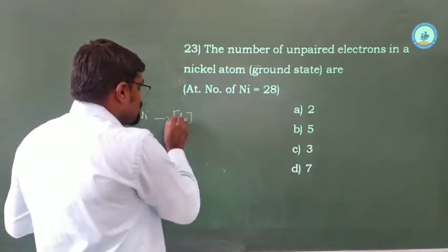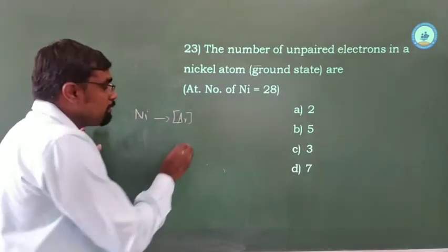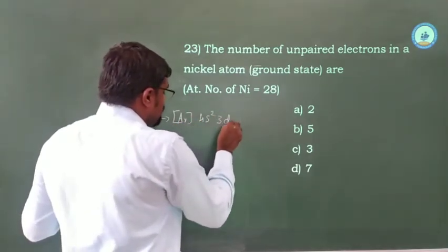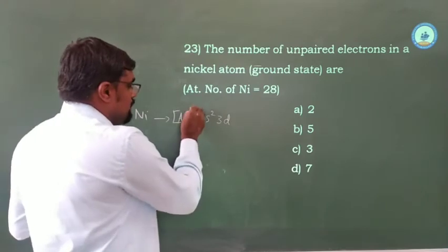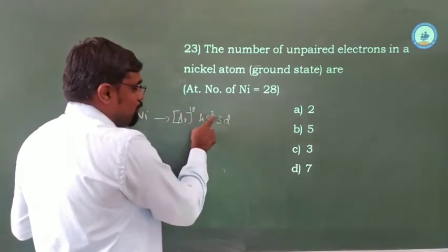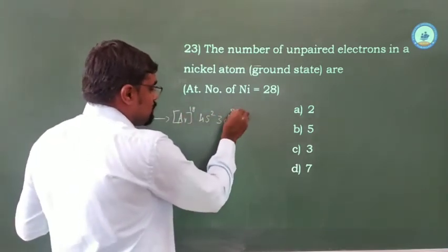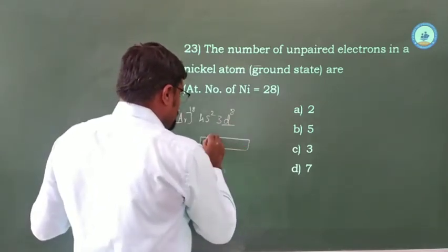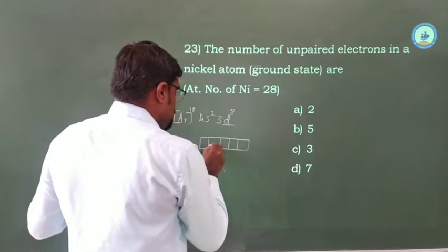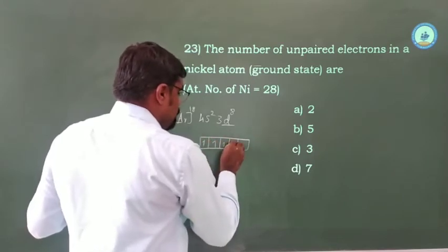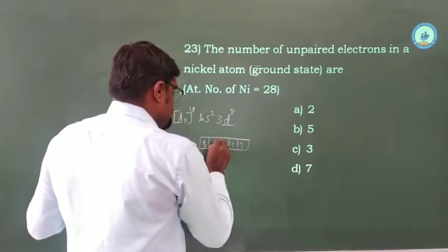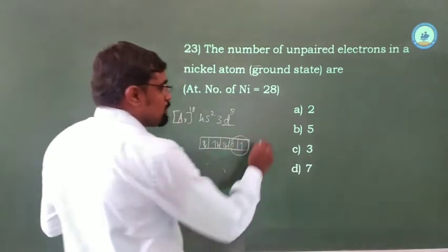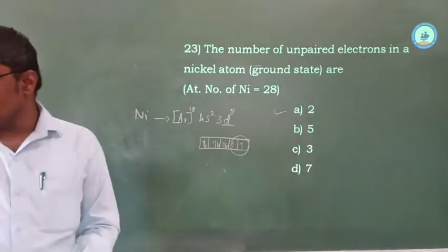After argon, what is that? 4s2 3d8, here 18 plus 2 is 20, so the next remaining 8. So then unpaired electrons: 1, 2, 3, 4, 5, 6, 7, 8. So how many unpaired electrons? 2. That is the answer. Okay.